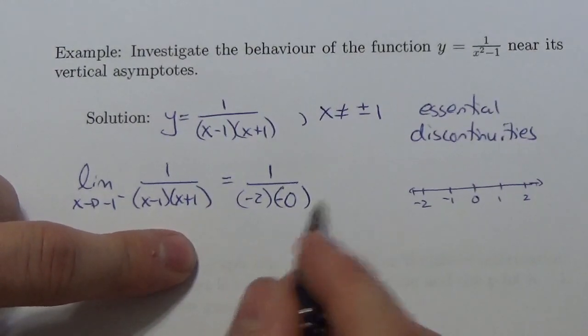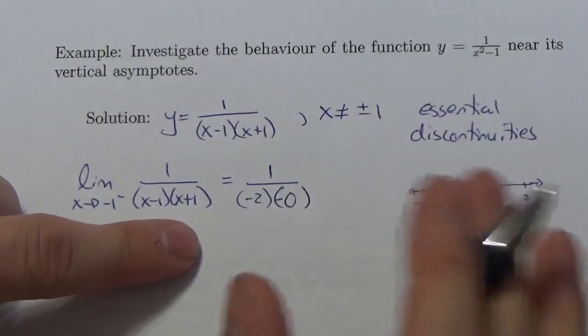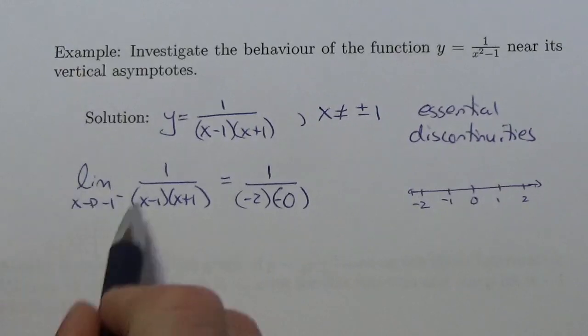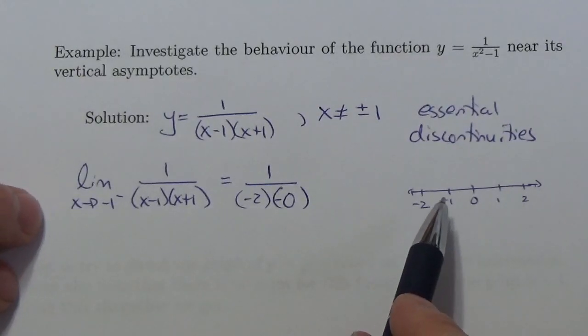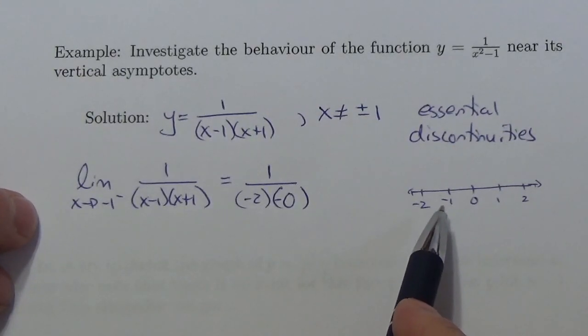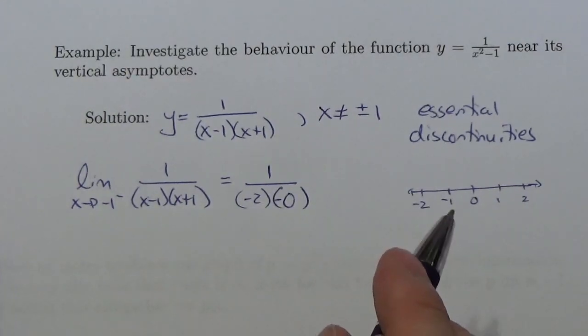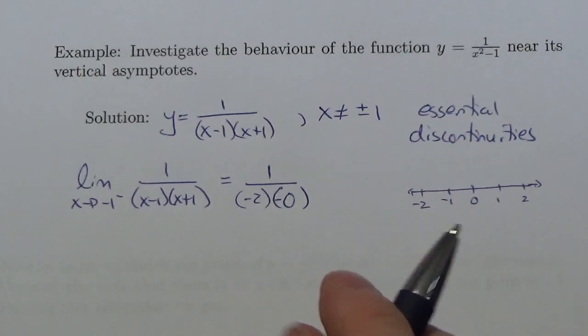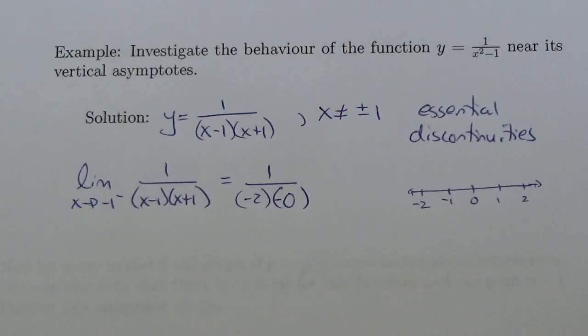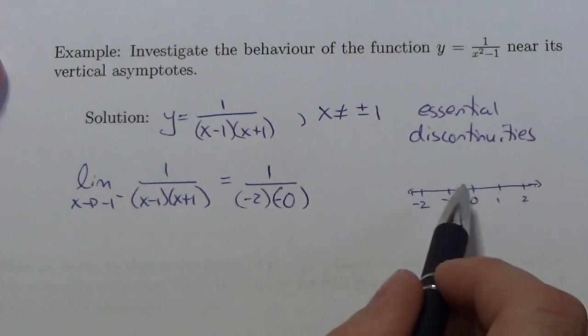Now 0 can be neither positive nor negative, but just to understand, this is a limit. I never actually get to the number negative 1. I've always got a non-zero number here. But because of the way the limit works, I get so close to 0 that it's going to behave like the 0, but it's not the 0.